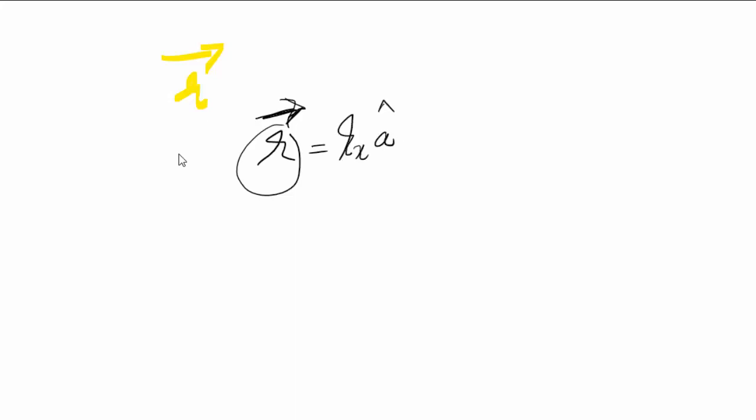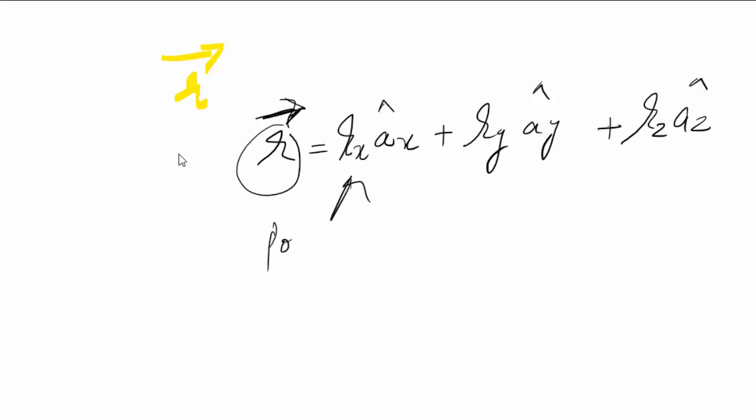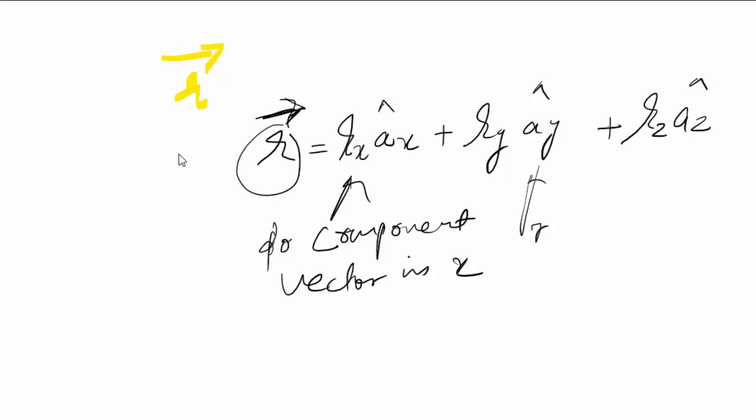So if you are having something like a vector r, you can represent it by using the letter and an arrow which says that it's a vector quantity, and using the Cartesian coordinate system you can write it as rx ax plus ry ay plus rz az, and this is the component vector in the direction of x, this is a component vector in direction of y, and this is a component vector.